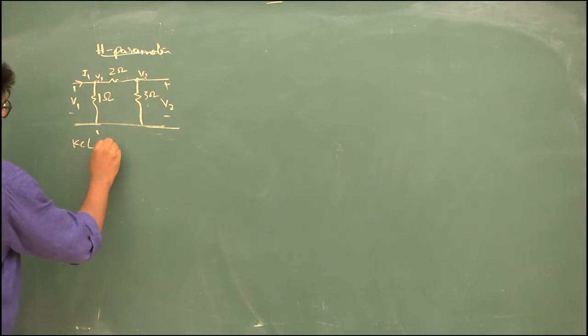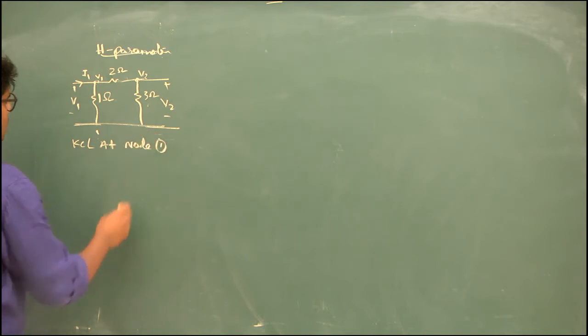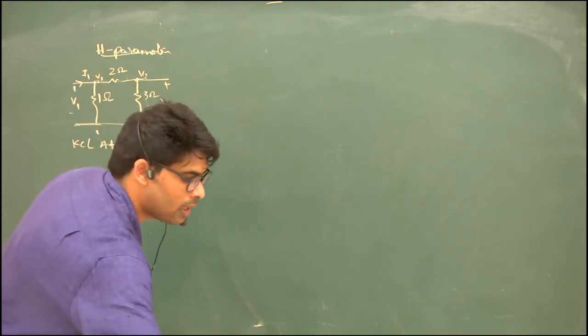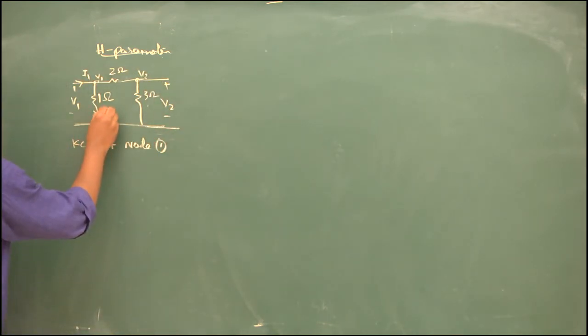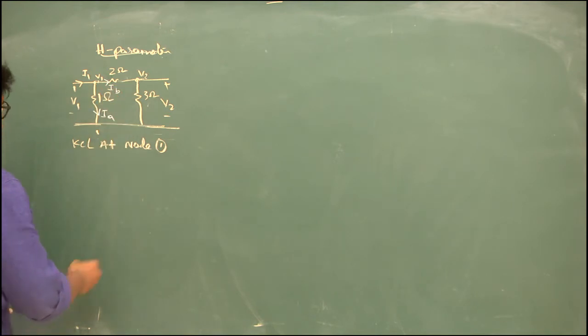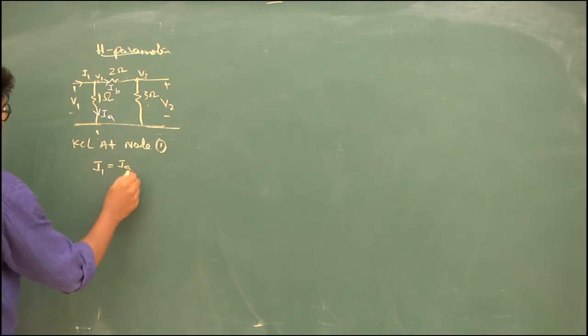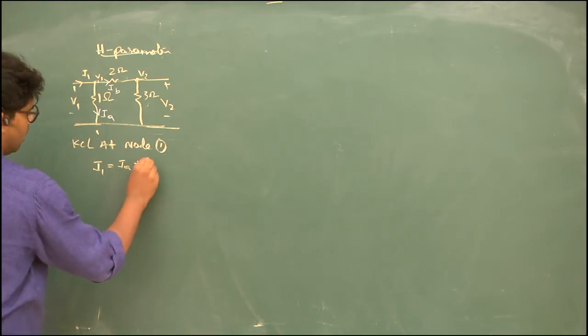Let us say this current IA is entering downwards, and this is IB. By KCL we have I1 equal to IA plus IB.